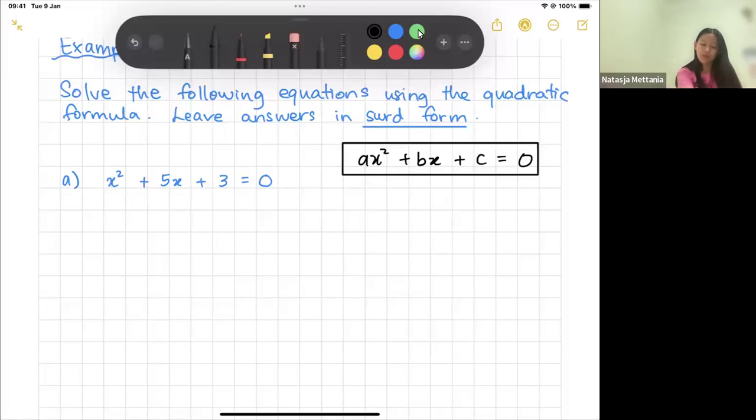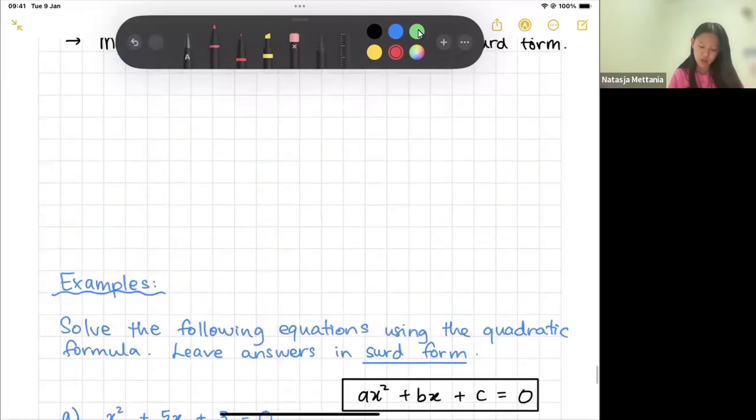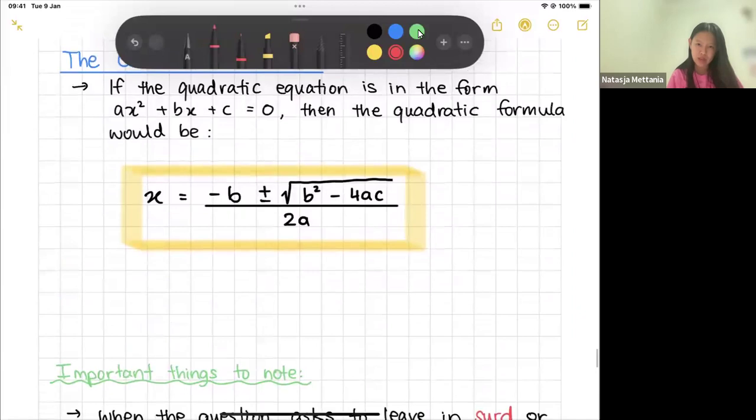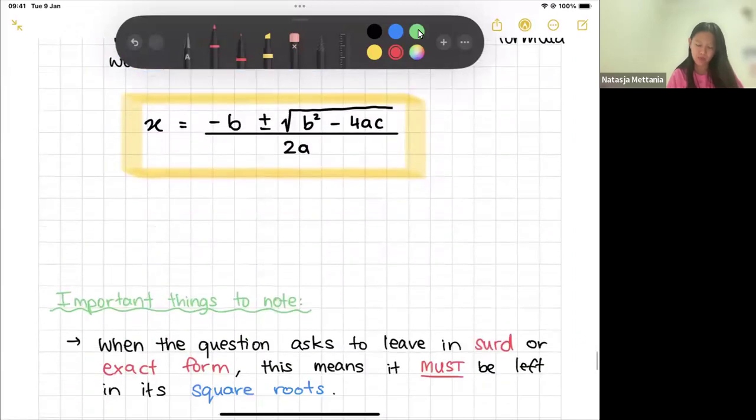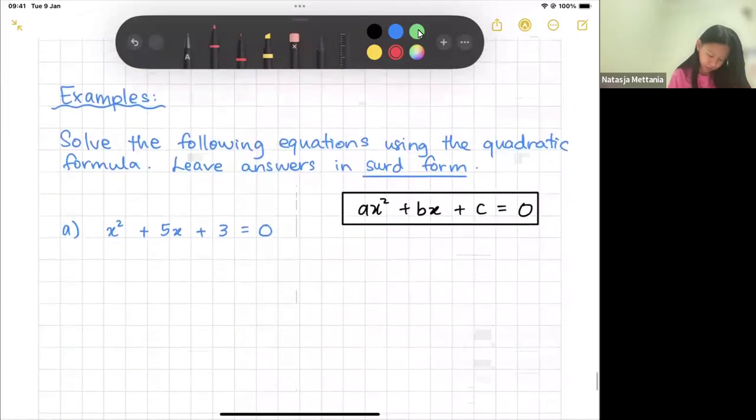I'm going to write down at the bottom what my a, my b, and my c are, because my quadratic formula has a's, b's, c's, and so on. My a in this equation is the number in front of the x squared, which is 1.